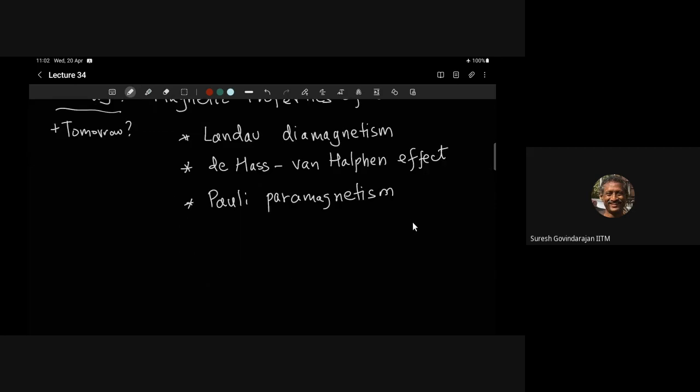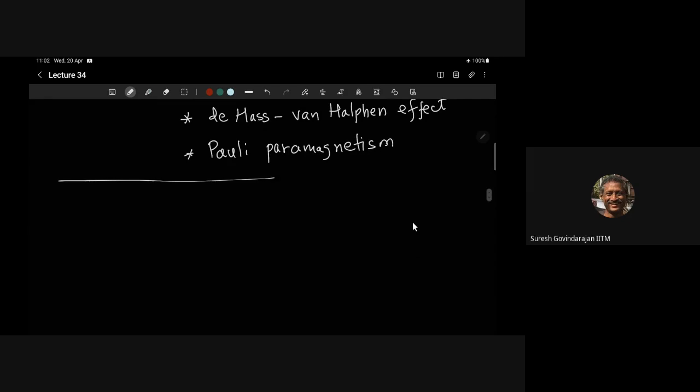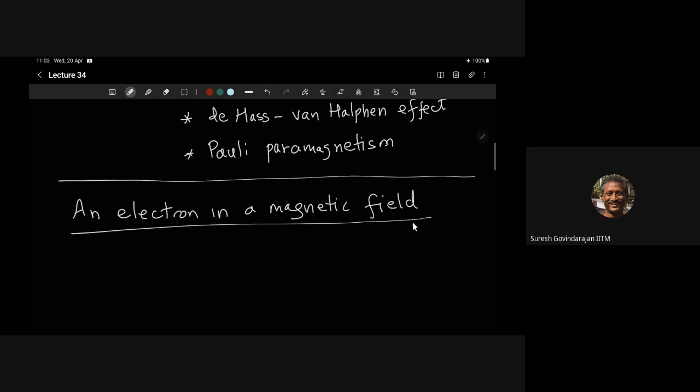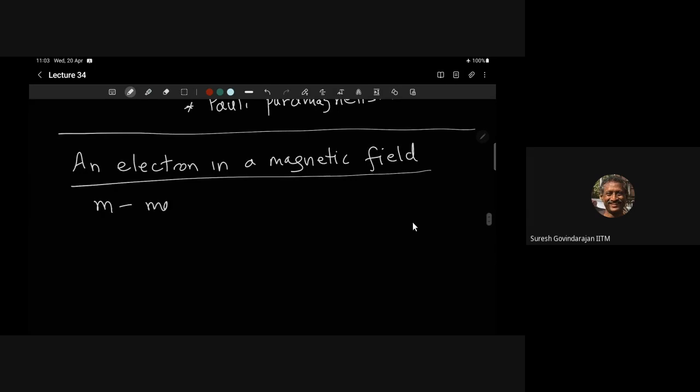So let's get started. First we will just consider a single electron in a magnetic field. It's just some notation. M here is just the mass of the electron, and e is the charge of the electron.